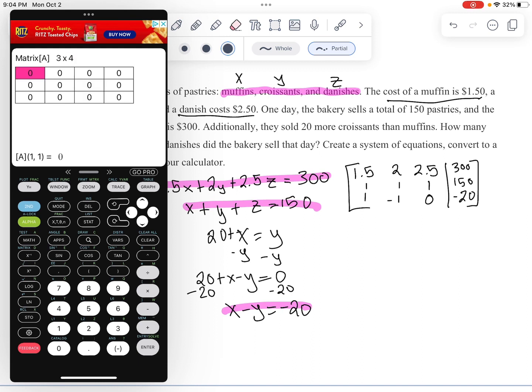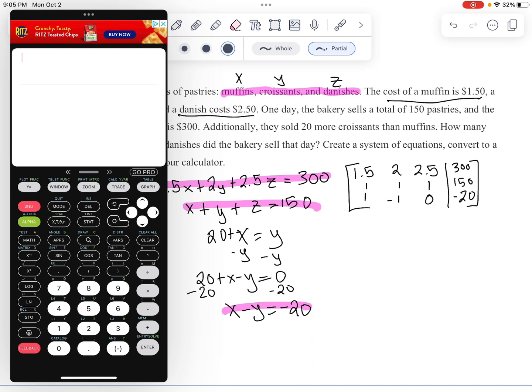So then I'm going to have 1.5, 2, 2.5, 300, 1, 1, 1, 150, 1, negative 1, 0, and negative 20. Okay, and then from here we'll hit second mode to get out of there.